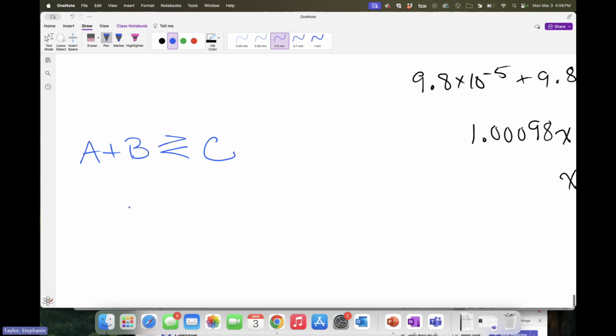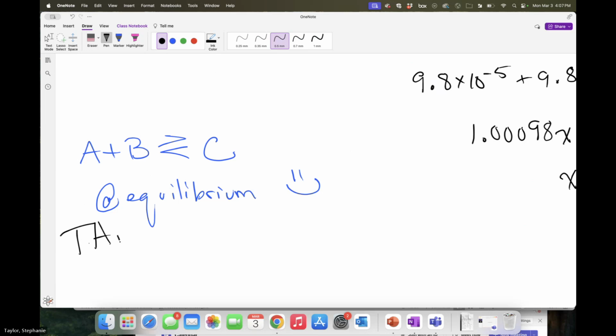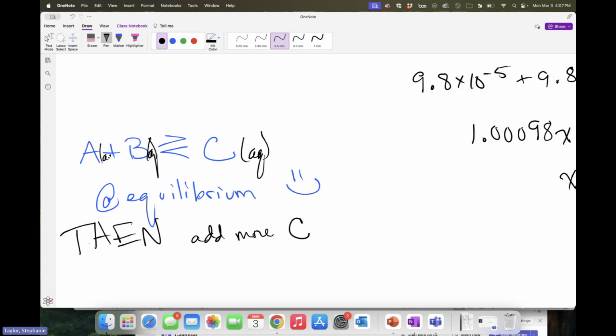If this is my equilibrium and we are at equilibrium, everything is happy, everything is calm, that's a smiley face. Then something changes. We add more C, so the concentration of C goes up, and we're going to make these all aqueous again. What happens?